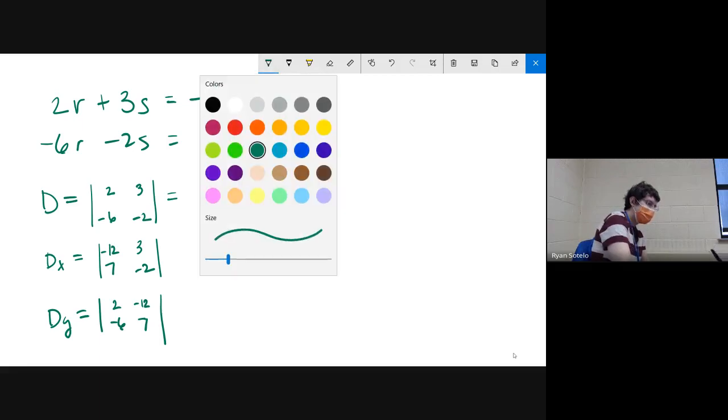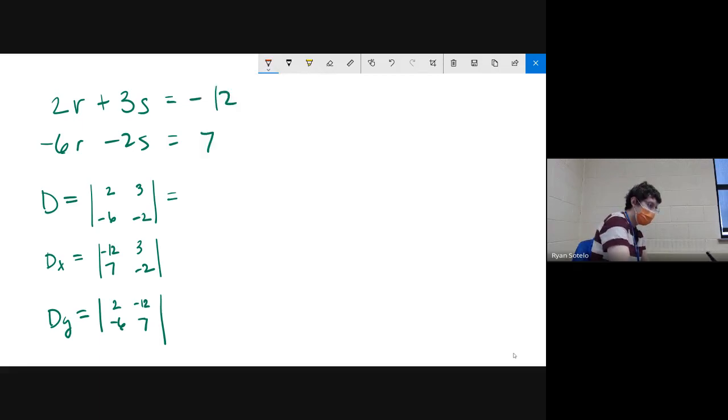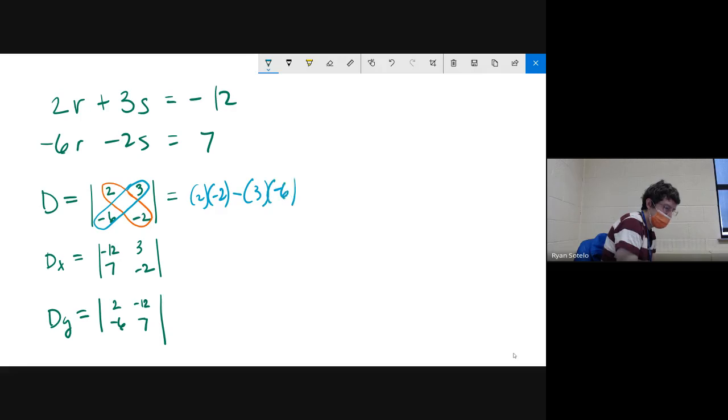Remember, those will be one of them, and then these are the other one. So you have the 2, negative 2, and you'll subtract 3 and negative 6. So that would give me negative 4 plus 18.